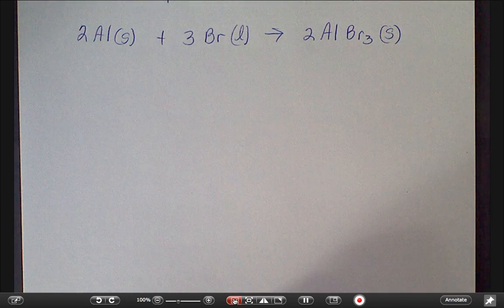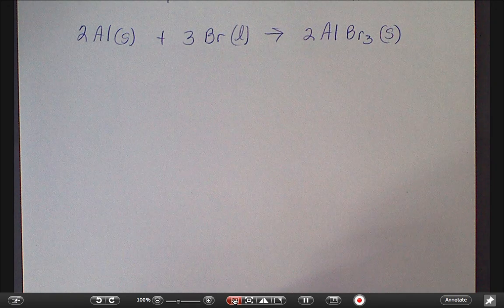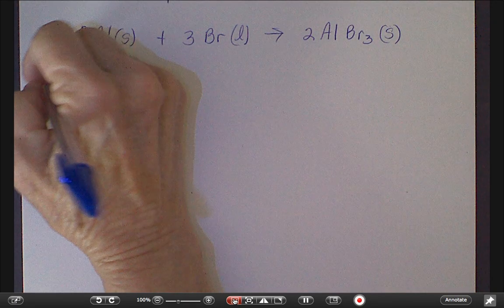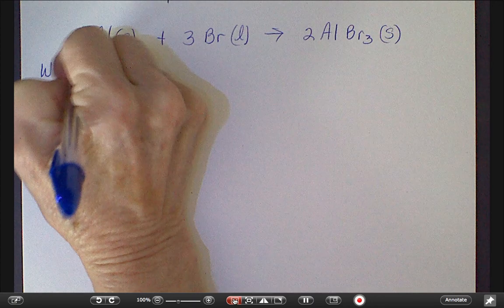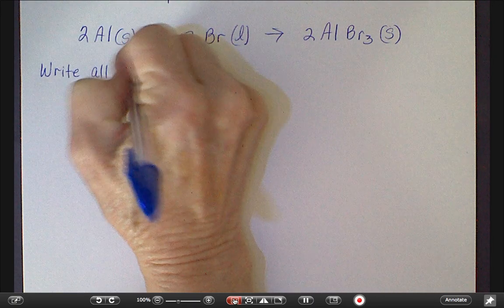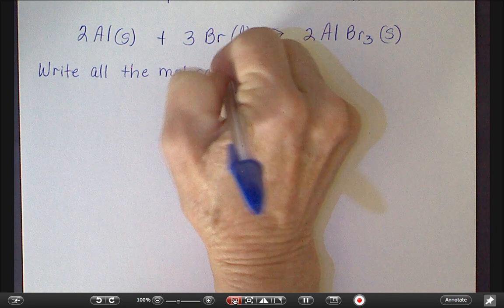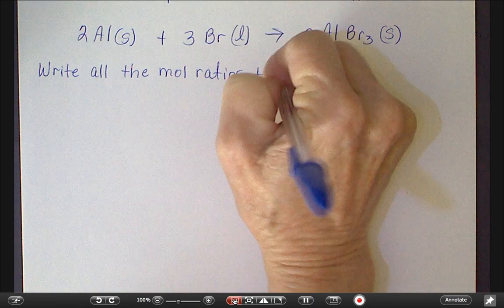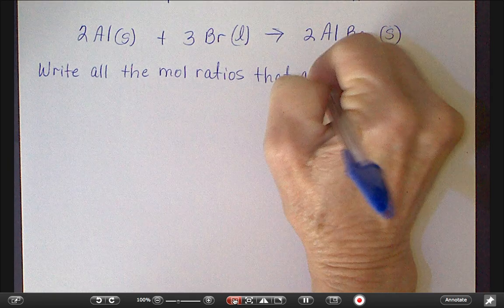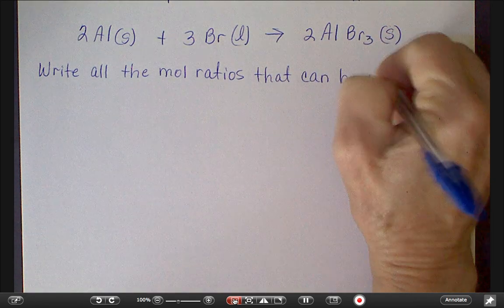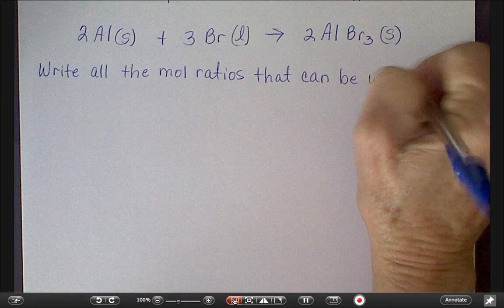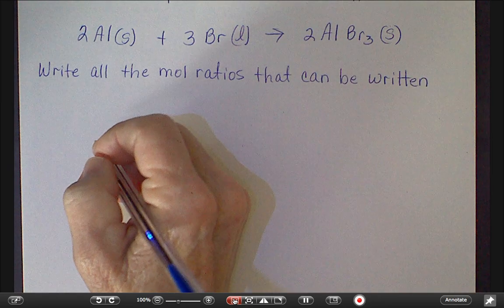Okay, it says write all the mole ratios that can be written from the balanced equation above.